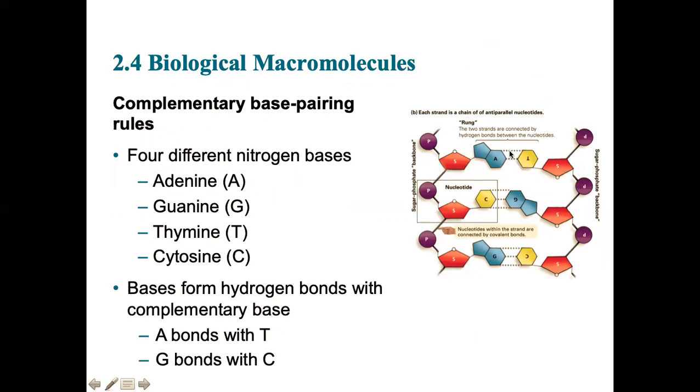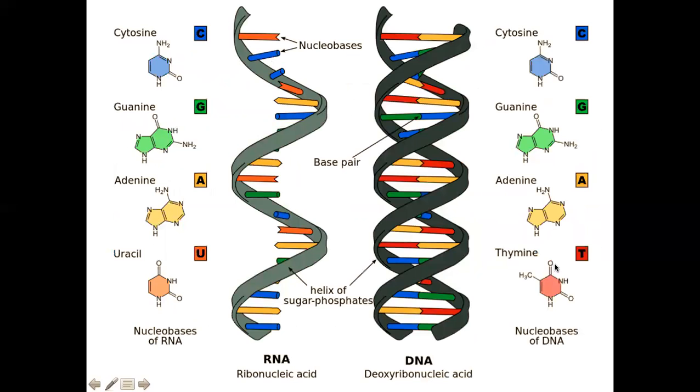And that's how they bond between those. So notice you have G bonds with C and A bonds with T. That's also something that we know about DNA and RNA. Here's another comparison. I like this picture. This one really sums it all up, with the exception of the sugar that you don't need to know anyway.